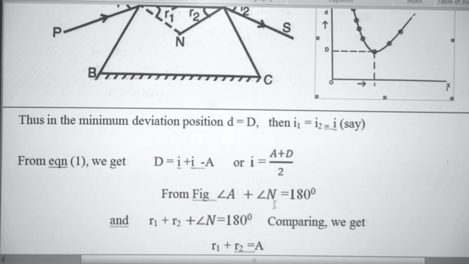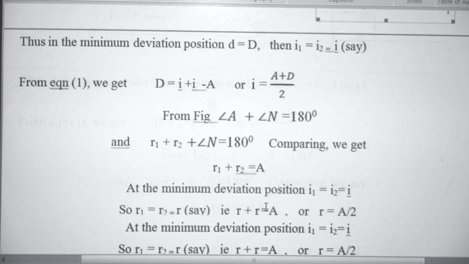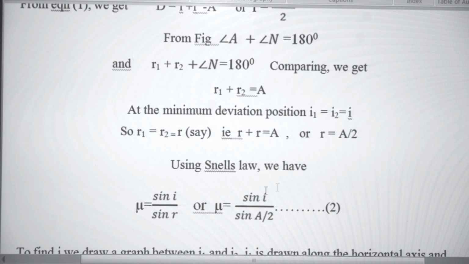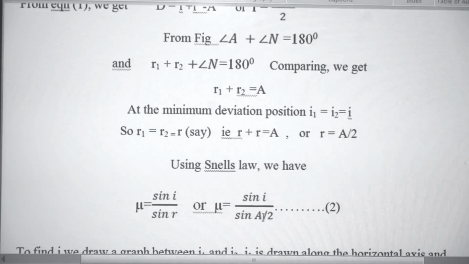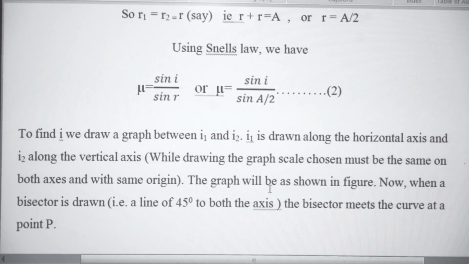Now comparing these two equations, we can write R1 plus R2 is equal to A. And at the minimum deviation, R1 should be equal to R2 and that is equal to R. So R1 plus R2 equal to A becomes R plus R, that is 2R equal to A, or R equal to A by 2. Now using Snell's law, mu is equal to sin I by sin R, we can calculate the refractive index as sin I by sin A by 2, where A is the angle of the prism that we have to determine. Then I, we want to find out from the I1 I2 curve.